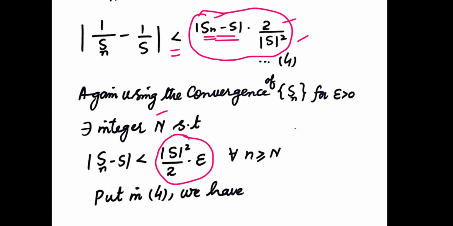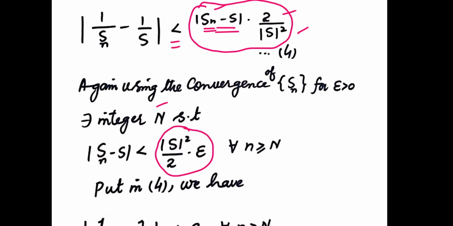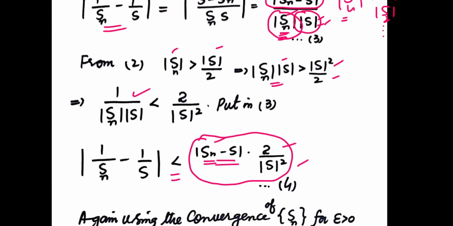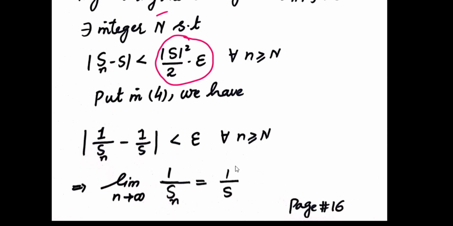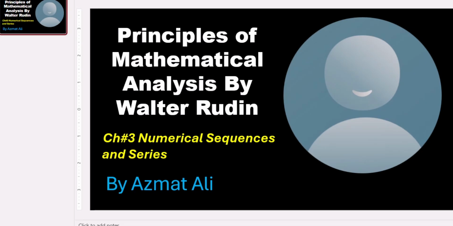So put in 4, this becomes, when you replace Sn minus S less than S absolute square by 2 into epsilon, 2 over S absolute square into epsilon. This will cancel and this is less than epsilon. That is required, and this shows that the limit of this sequence is 1 over S.